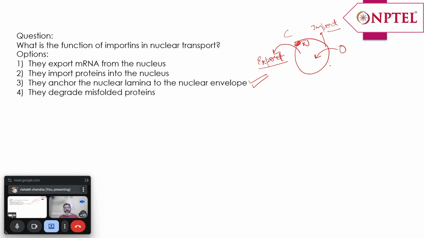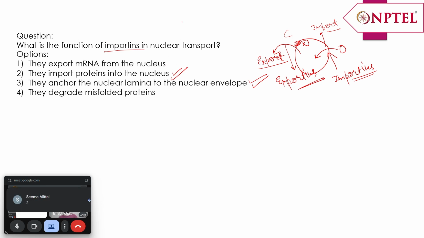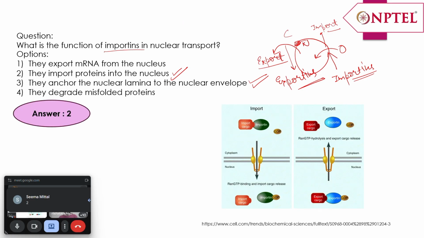The proteins that help in this import process are called importins, and the proteins that help in the export process from the nucleus are called exportins. So the importins help to import proteins into the nucleus. So the correct answer is option 2.